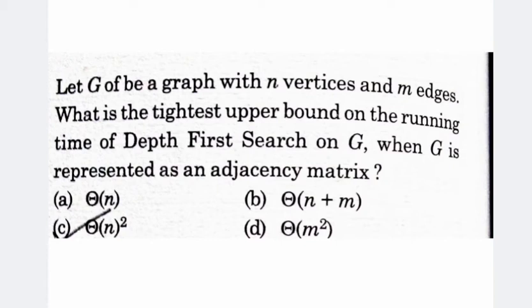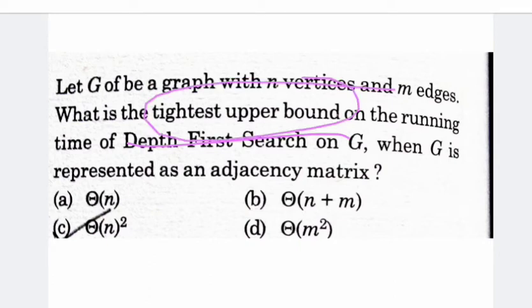They are giving four options, A, B, C and D, and the correct answer is option C, because in the case of depth first search we need the tightest upper bound, and the running time for DFS is O of n square. So option C is your correct answer.